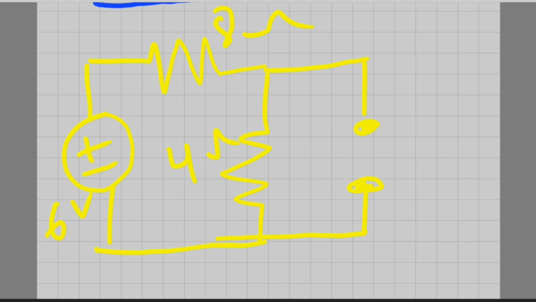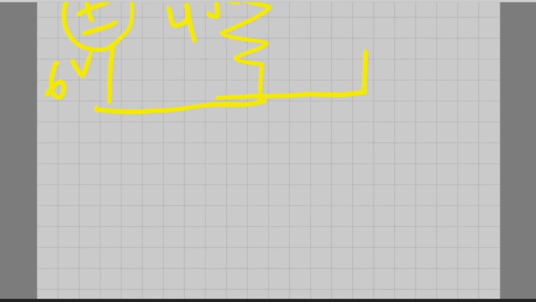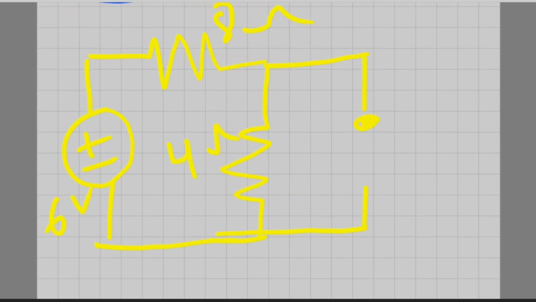Now, in the question you have already seen, we have to find the voltage across this 4 ohm resistor. So we are considering voltage V for this 4 ohm resistor in this circuit.